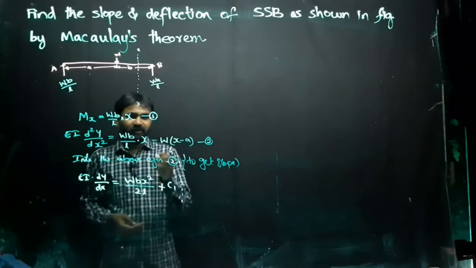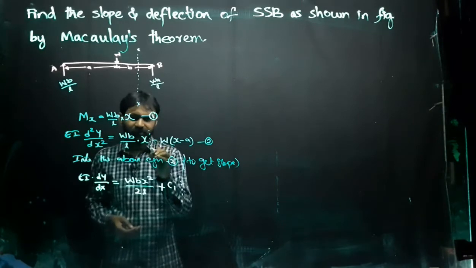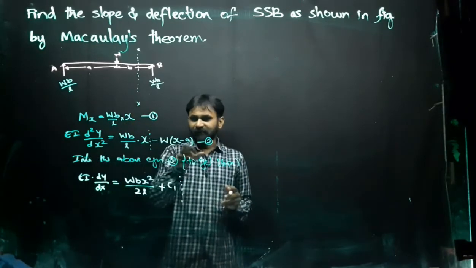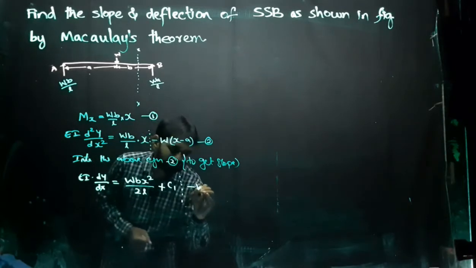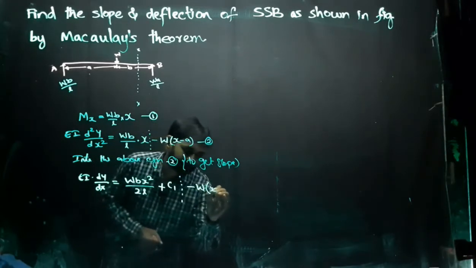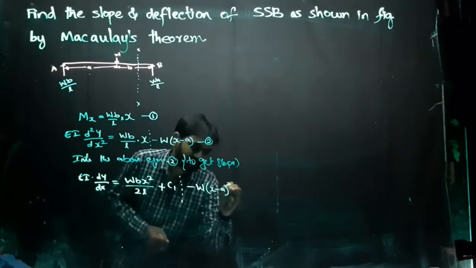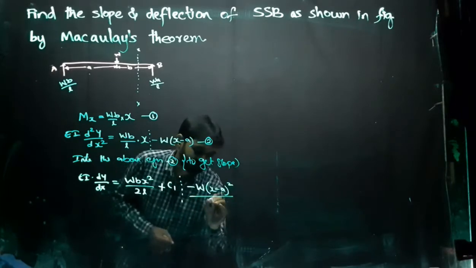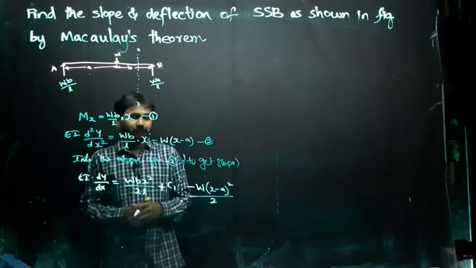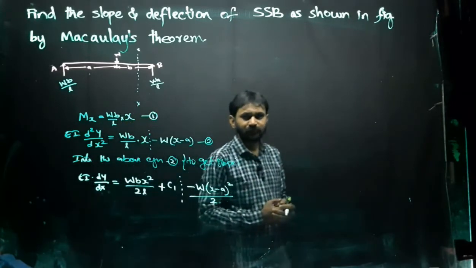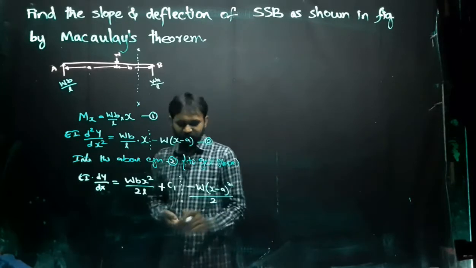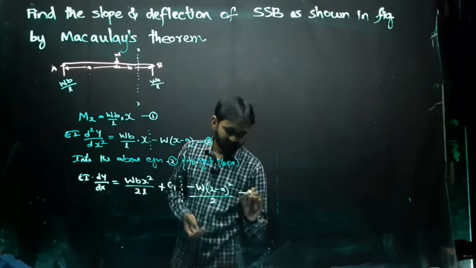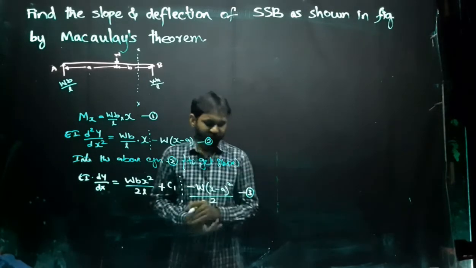And one more integration: I have one more downward force, that is minus W into x minus a whole square by 2. So this is my equation of slope. This is equation number 3.